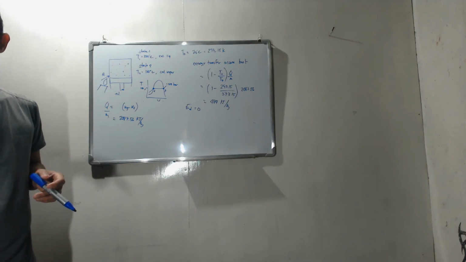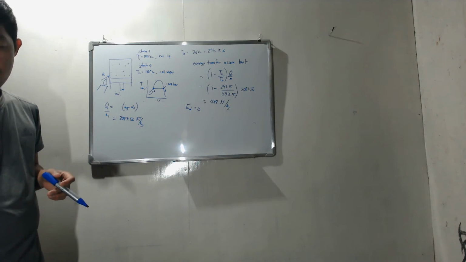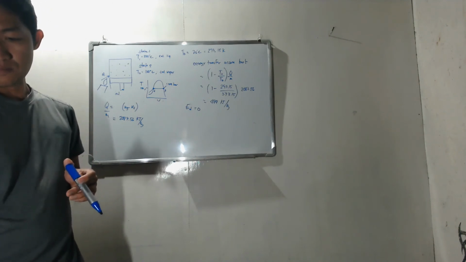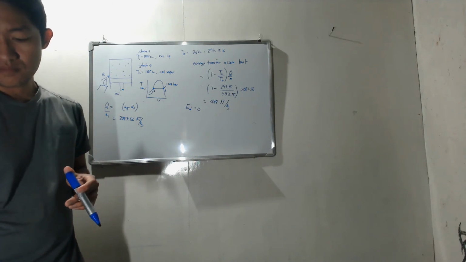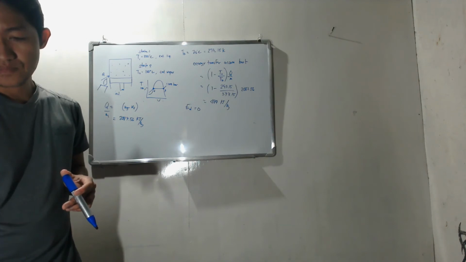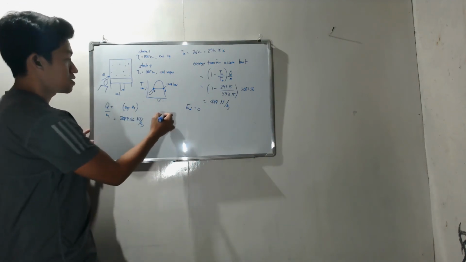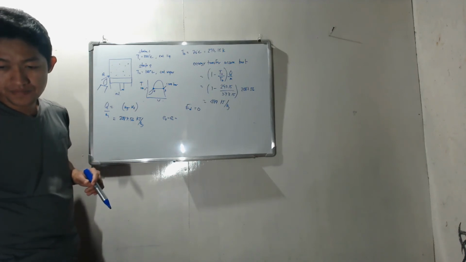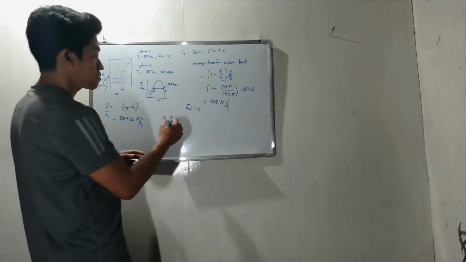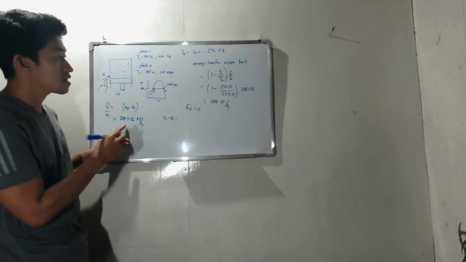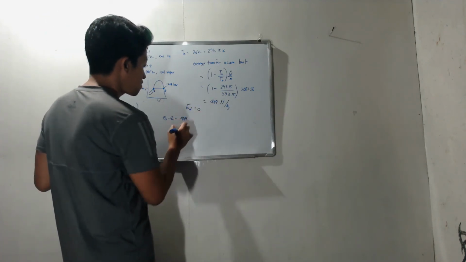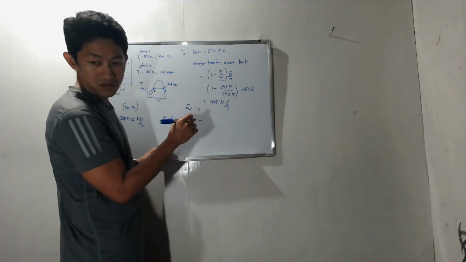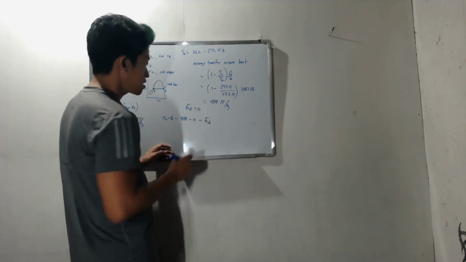Using the exergy balance, you have the exergy change, then exergy transfer by heat, which is 484, minus exergy transfer by work, which is 0, minus exergy destruction.